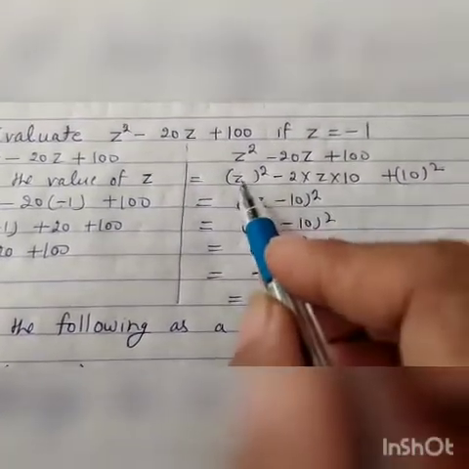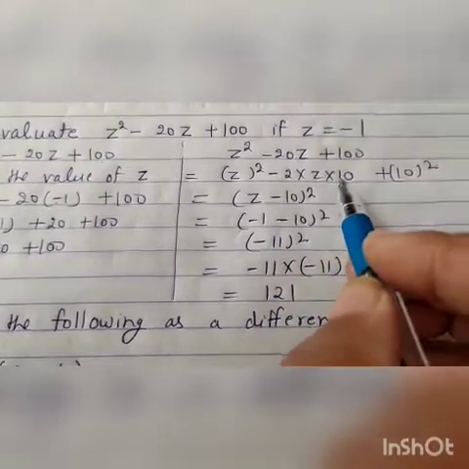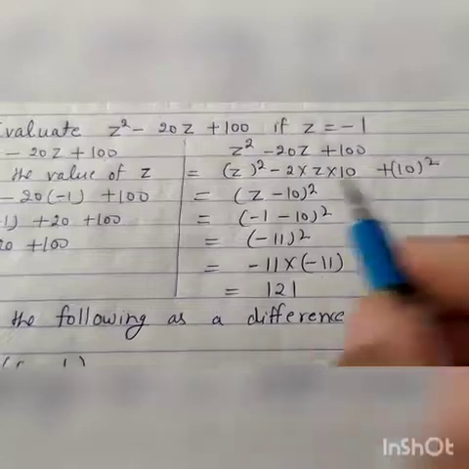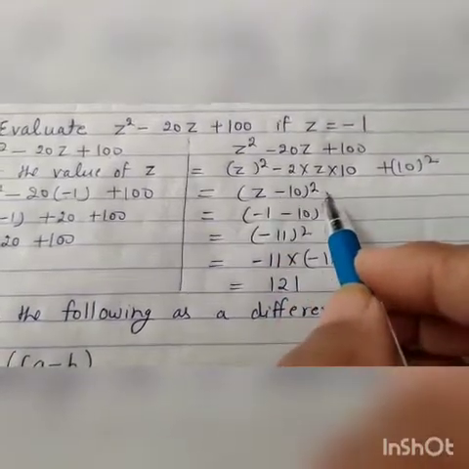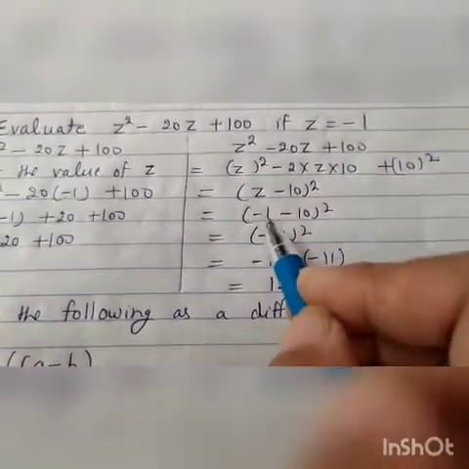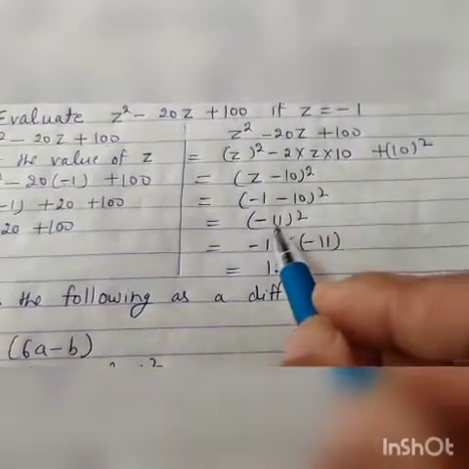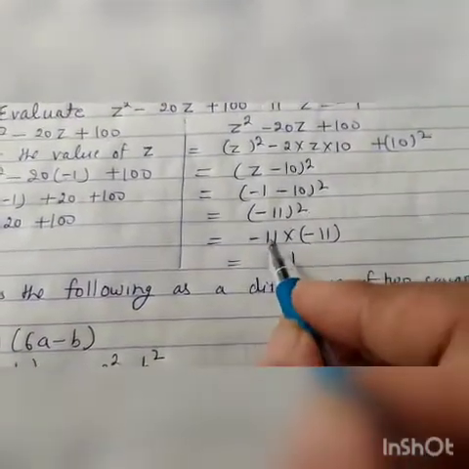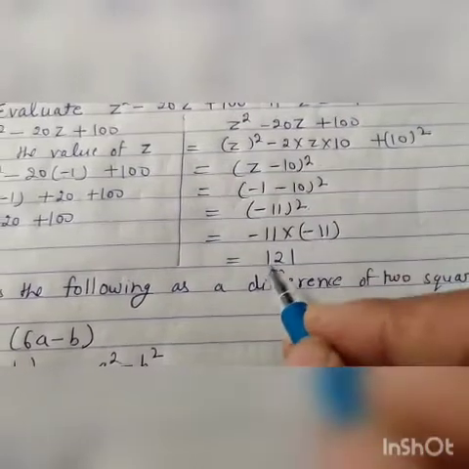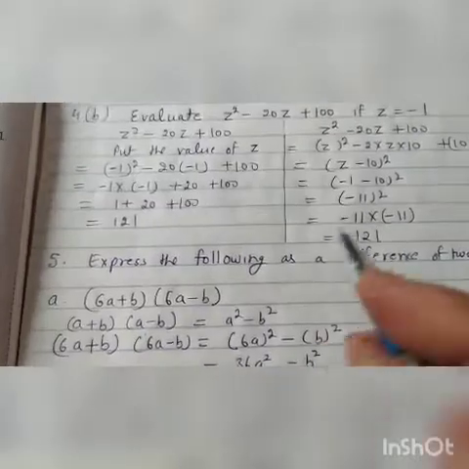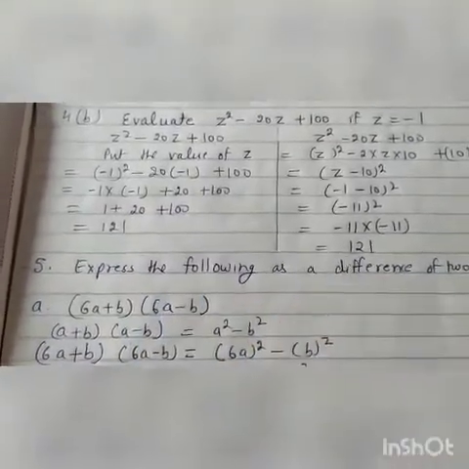If we compare it, a square minus 2ab plus b square, so it is the a minus b whole square identity. So it will become z minus 10 whole square. Value of z is minus 1, so minus 1 minus 10 whole square, minus 11 whole square. Then minus 11 multiply minus 11 is equal to plus 121. So it is your choice which method you like.